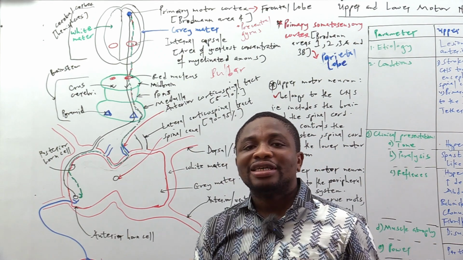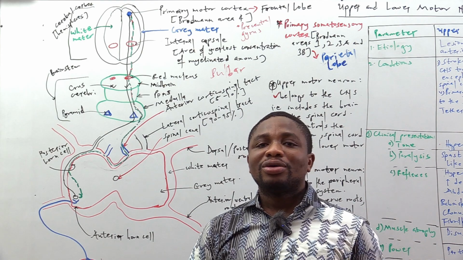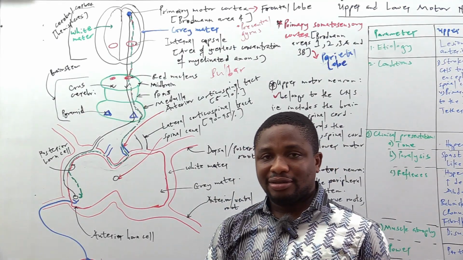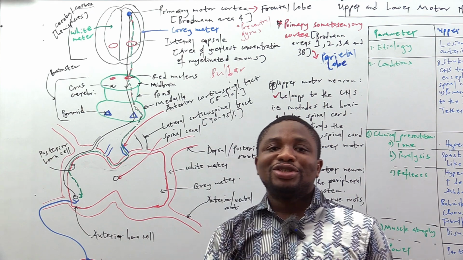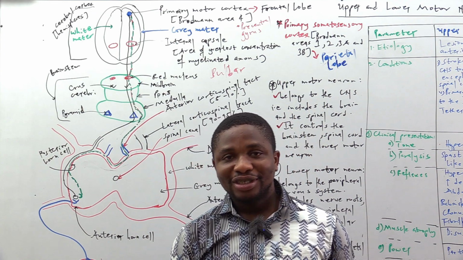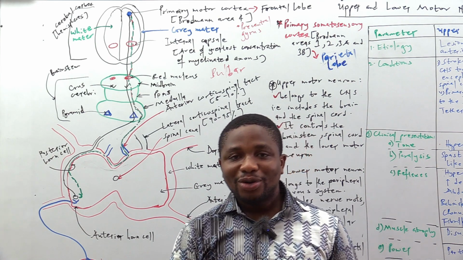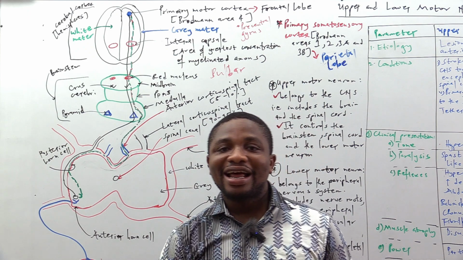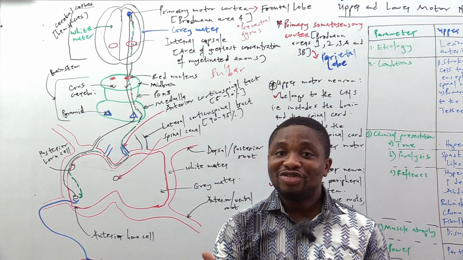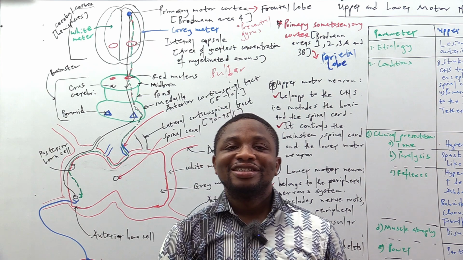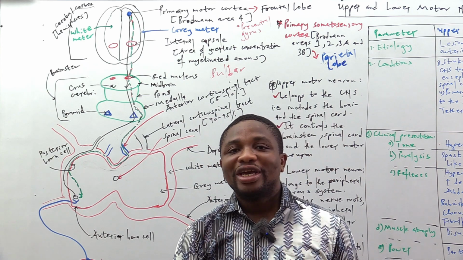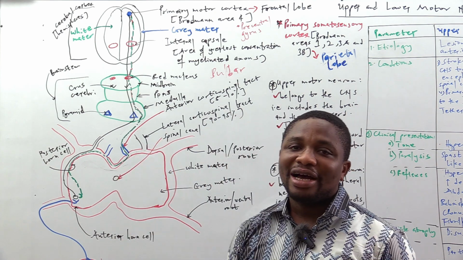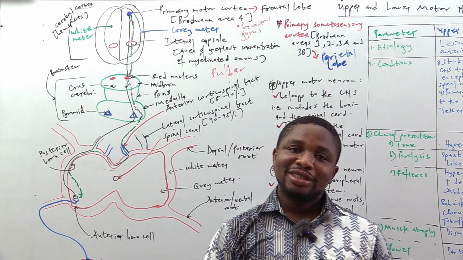The pyramidal ones will go through the lateral corticospinal tract. In retrospect, we can say that the majority of the motor neurons would go through the lateral corticospinal tract, meaning they will go through the pyramid in the medulla. That sounds interesting, right? Definitely. That is why we are using the concept to understand upper and lower motor neuron lesions.